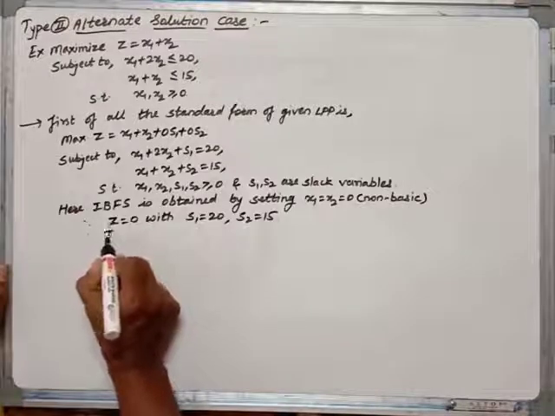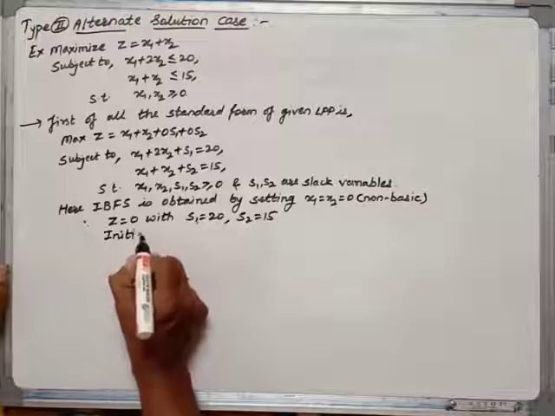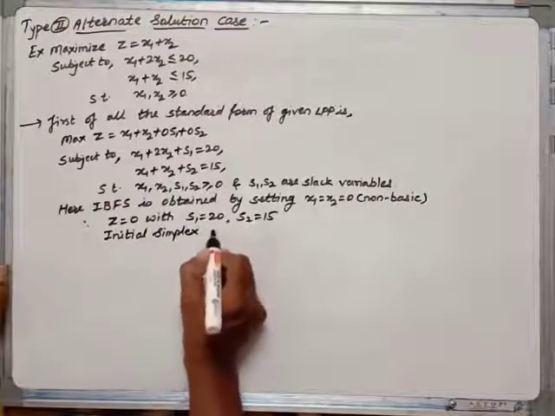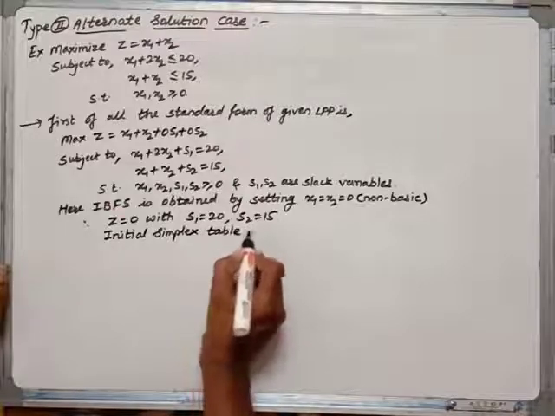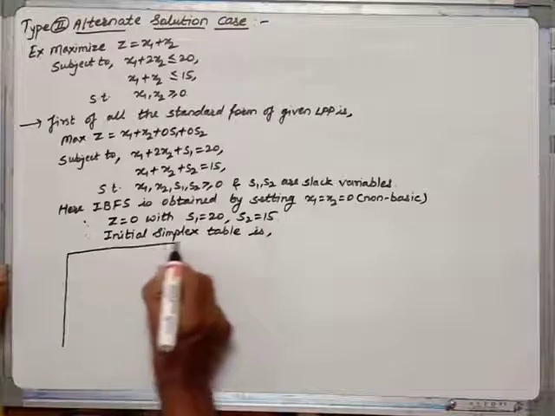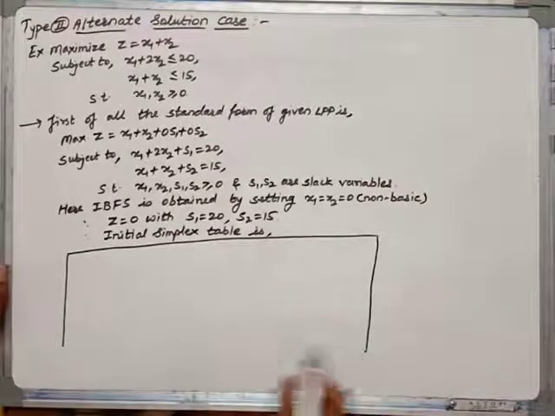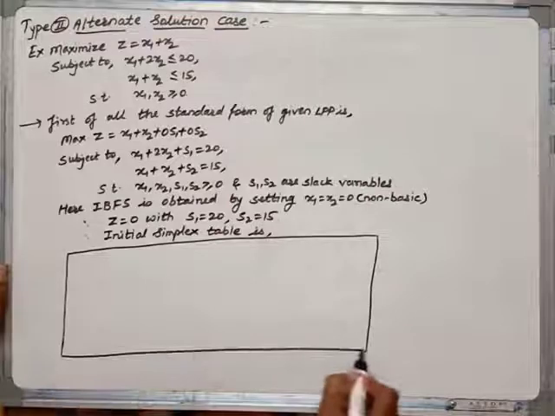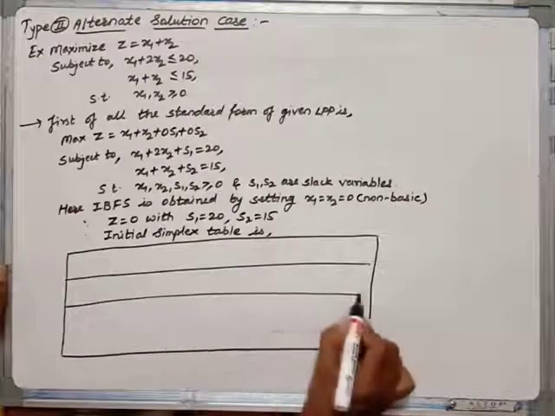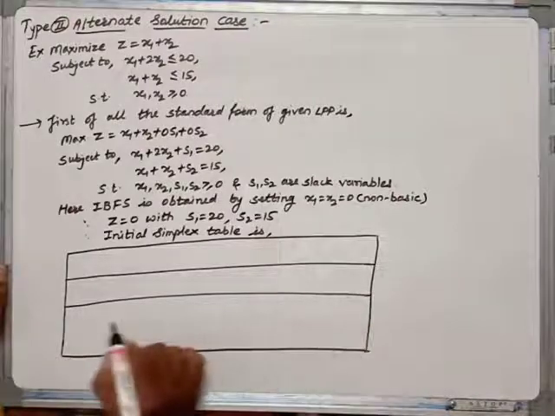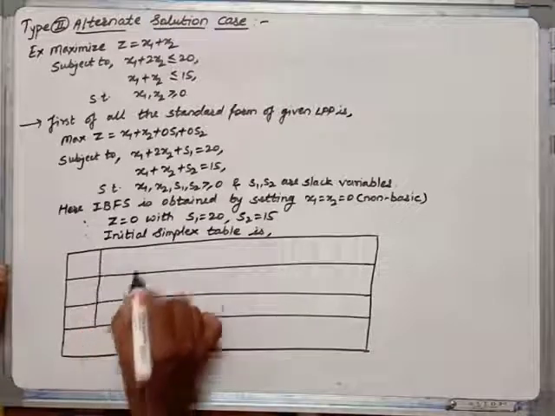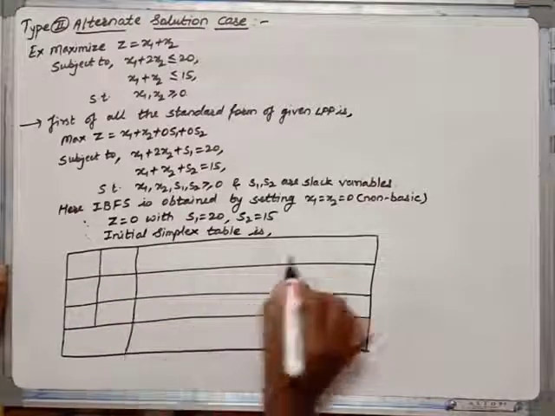Therefore, our initial simplex table will be the same number of rows and columns, as it is a problem of two variables only and with two constraints only.